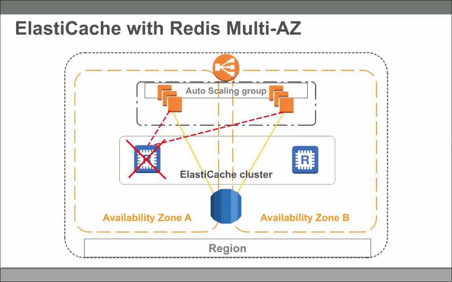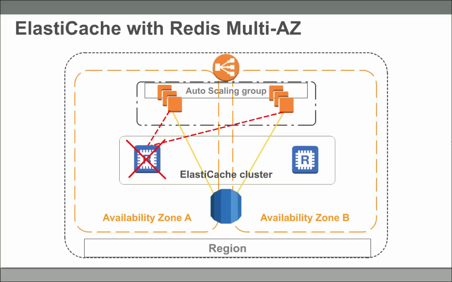So that's something that's covered by ElastiCache as well. Once we recognize that the node has failed, we will select the most up-to-date replica and promote it to primary. In this case, we only have one, but if we had more than one, we would also choose the right replica to promote.